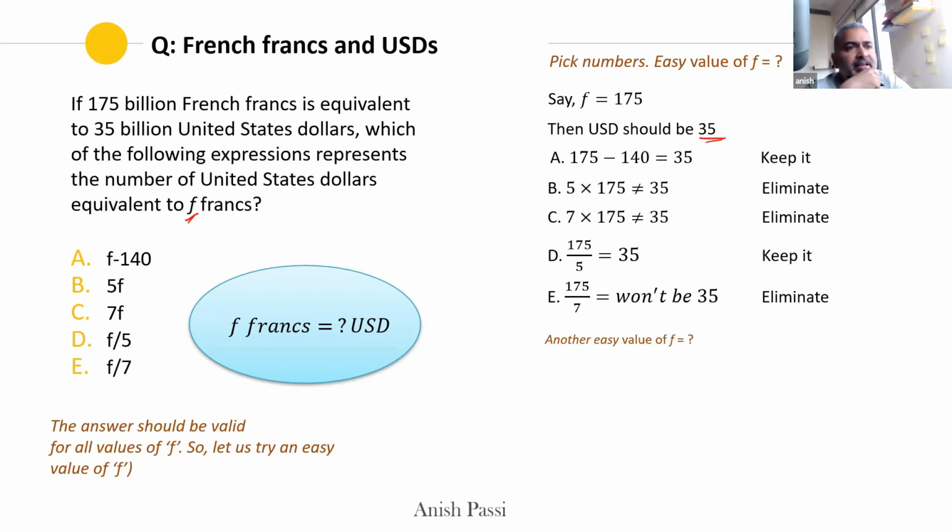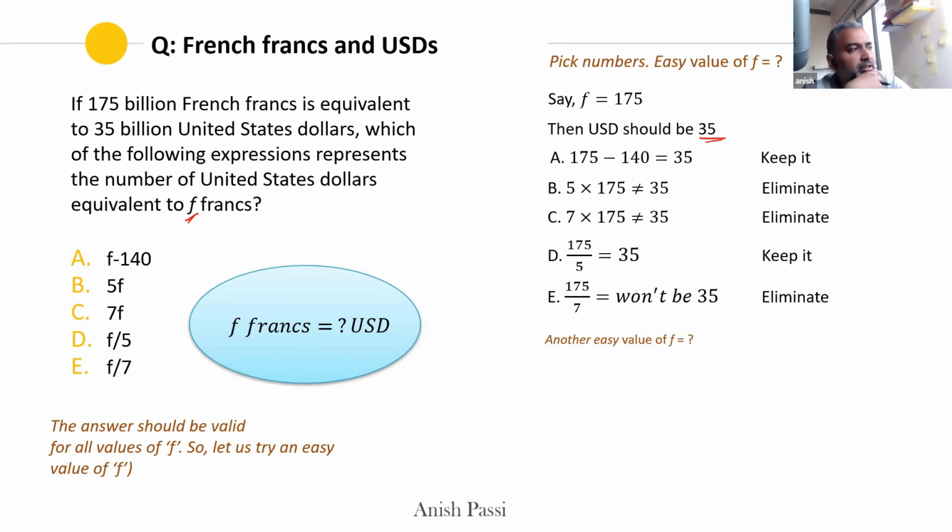Tell me what would be another easy value for which I need very minimal calculation. 350 is a good value, yes. See, for me, easy means, Arun, that I straight away know what the corresponding US dollar figure would be.